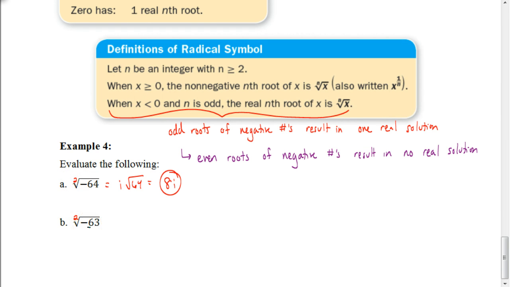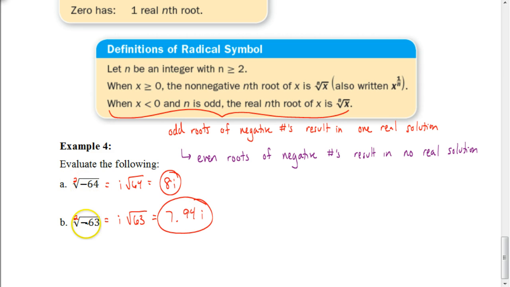So you might say, well, wait a minute, this is negative 63, so that's an odd number. Well, it's still an even root of a negative number, so I still have to factor out an i. And this you have to use on your calculator. The square root of 63 ends up giving you 7.94 if we round to the nearest hundredths place. So 7.94i would be our answer.